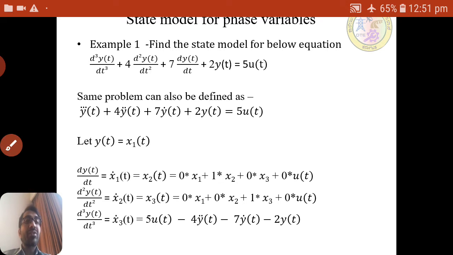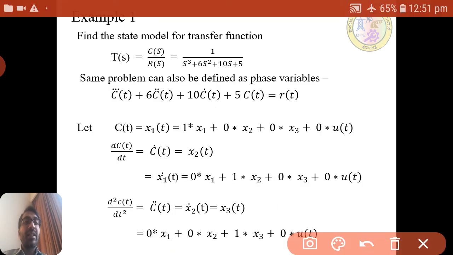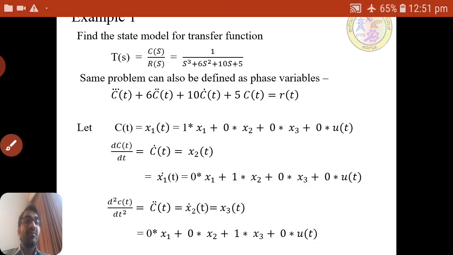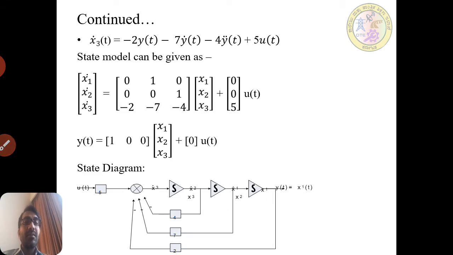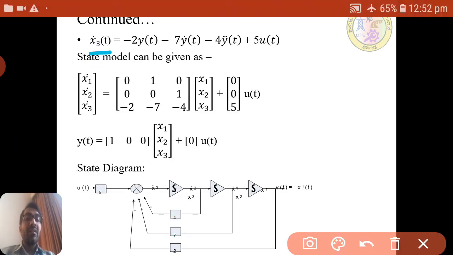The same equation we can also give as x3 dot of t in terms of x1, x2, x3 with the three negative terms, plus 5 u of t.